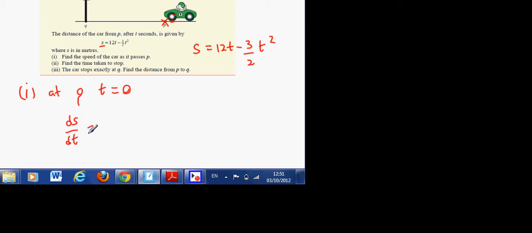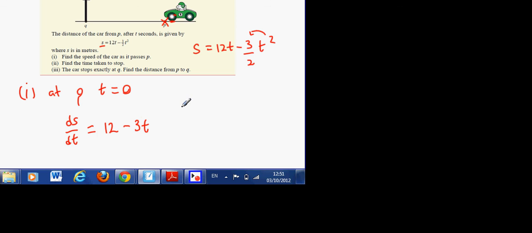And what we're going to get is: differentiate 12t to get 12. Differentiate 3 over 2 t squared. The 2 goes to the front, doesn't it? 2 times 3 over 2 is 3. So 3t.